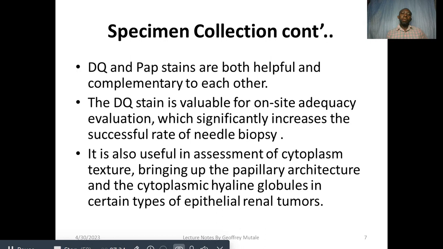We shall see cases where cells are clearer in Diff-Quik than in PAP, and again we all know that Diff-Quik is a very quick method, just like the name goes. So in cases where we want very quick results, to evaluate whether our aspirate has actually harvested a good number of cells, Diff-Quik would be very important, because it will give us a clear judgment in a very short time.